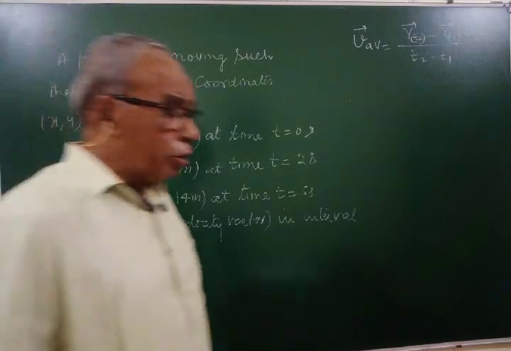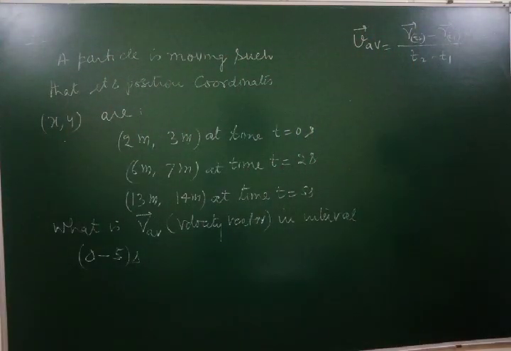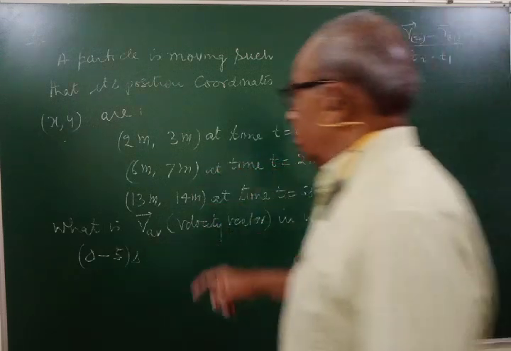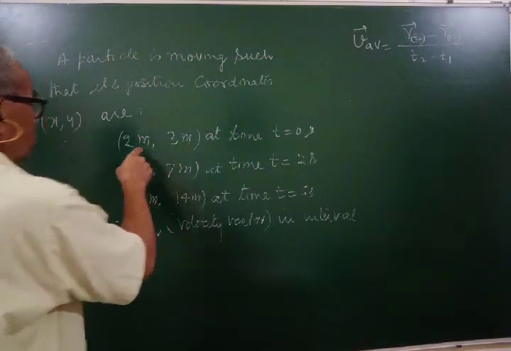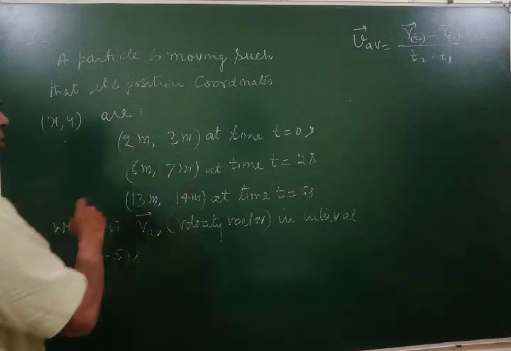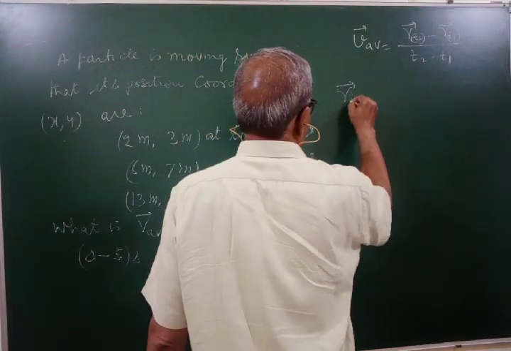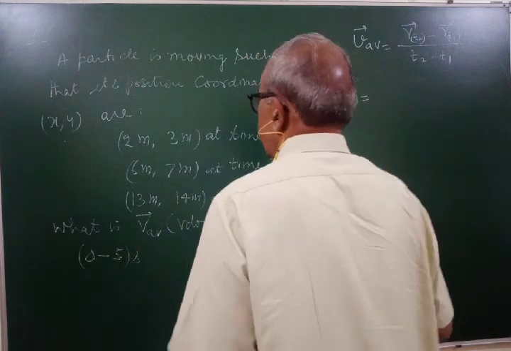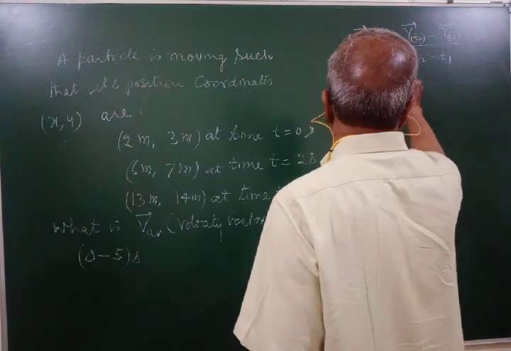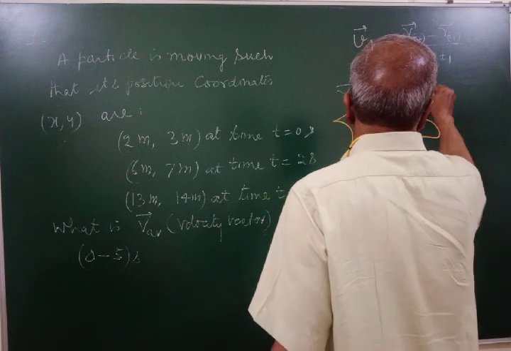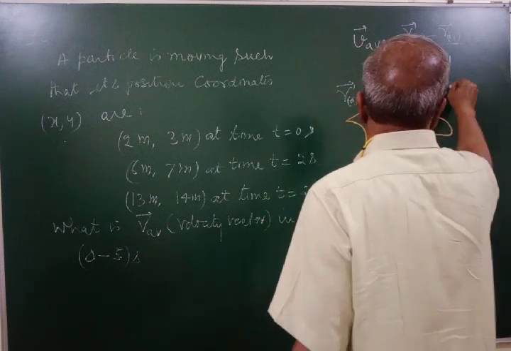Actually, the change in position of a body per unit time is velocity. So here position is changing. At t equal to 0 the particle is at this position. So here r0 vector, the position vector at 0 time, is equal to 2i cap plus 3j cap meter.